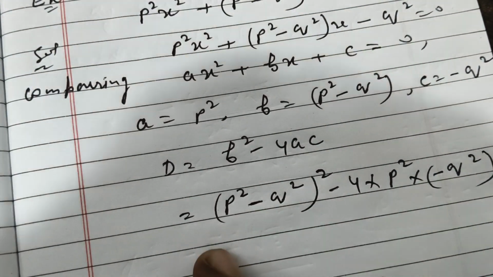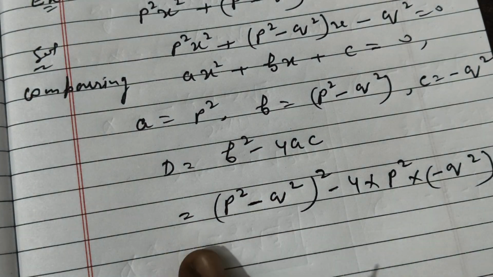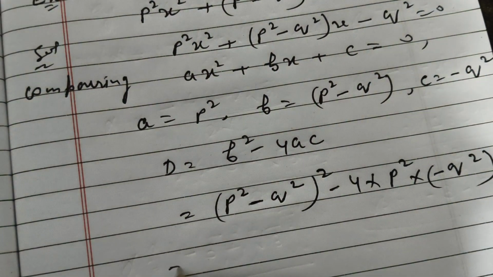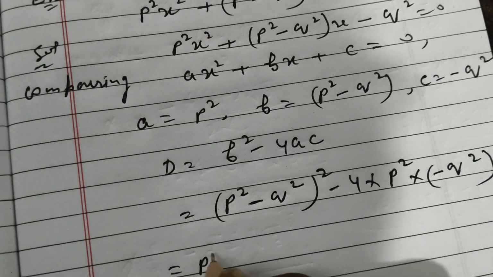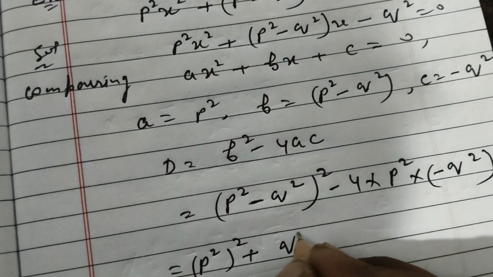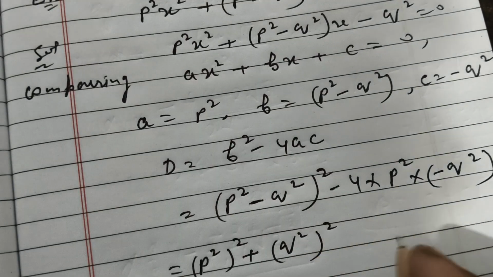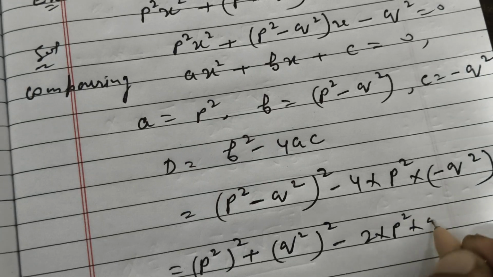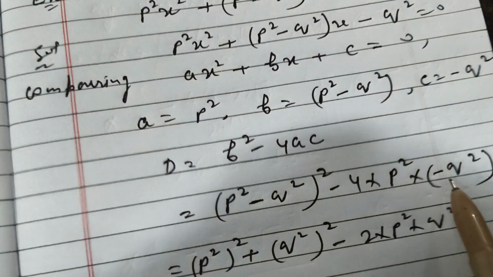Here we use the identity (x − y)² = x² + y² − 2xy. Applying this identity, it will be (p²)² + (q²)² − 2 into p² into q².